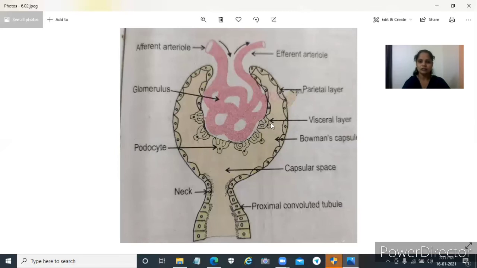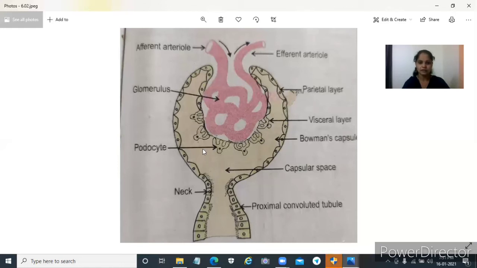Now the space between the two layers, the visceral layer and the parietal layer, is the capsular space or the urinary space. This capsular space continues from Bowman's capsule toward the neck portion.